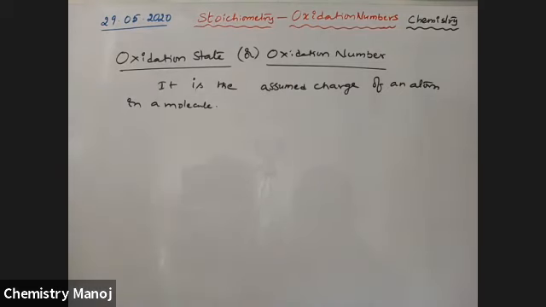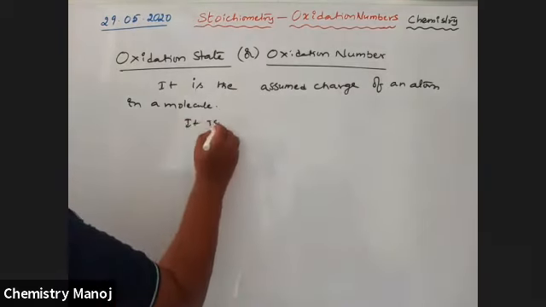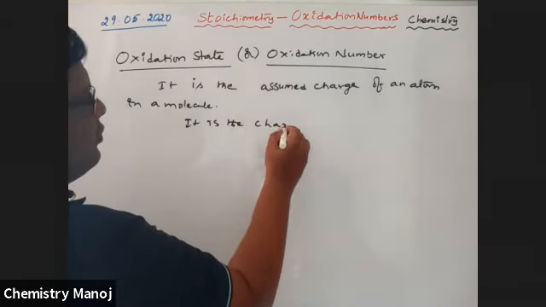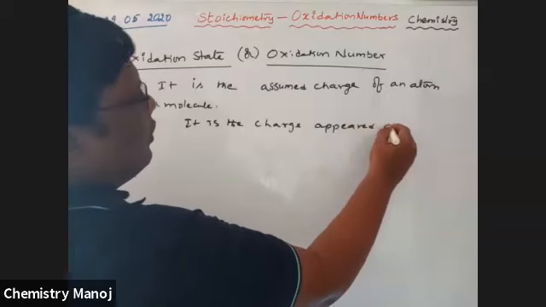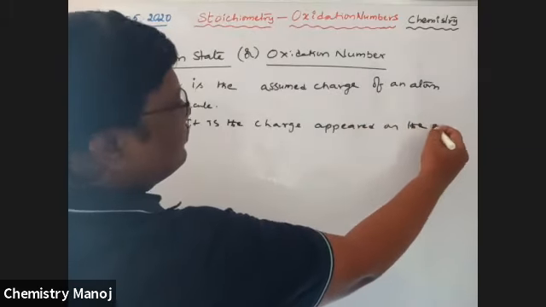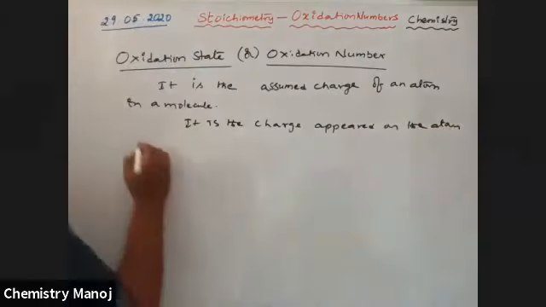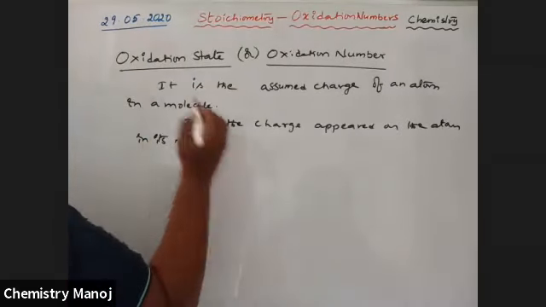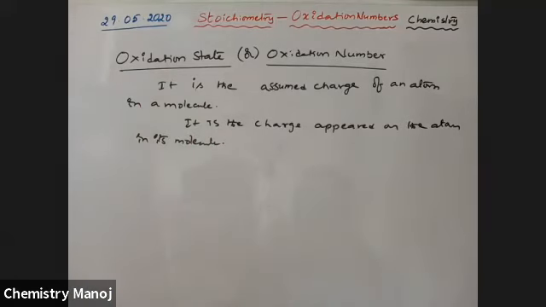Simply, it is the charge appearing on the atom in the molecule. That is the oxidation state or oxidation number.